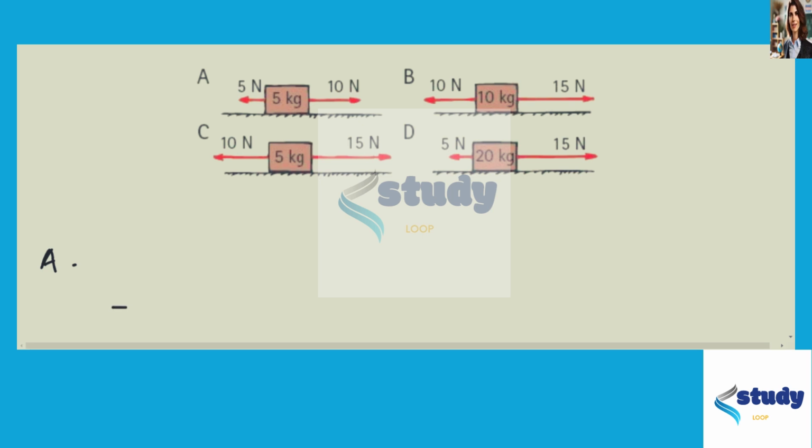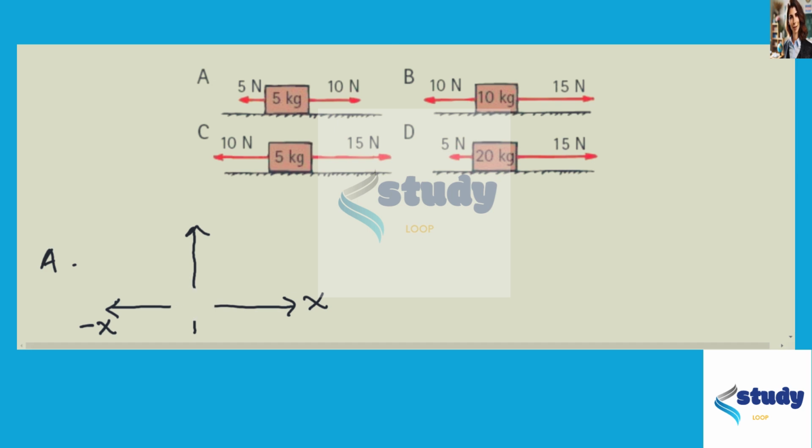We are going to set forces that are pointing to the right as positive and forces that are pointing to the left as negative. In this case, we only have forces acting on the x component, as we see in the picture.